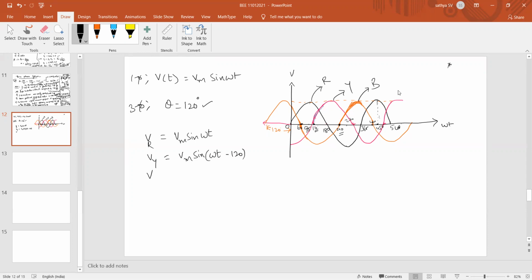That is, after 120 degrees your Y phase started with respect to R phase, which is the reference now. And with respect to that R, the B phase started after 240, so omega t minus 240. We can also write the third one as Vm sine of omega t.